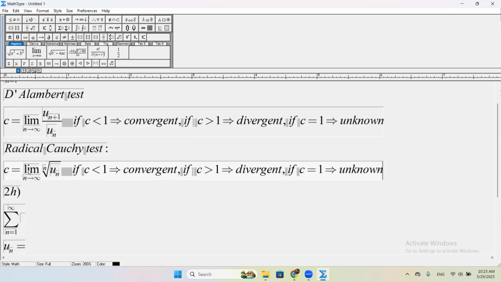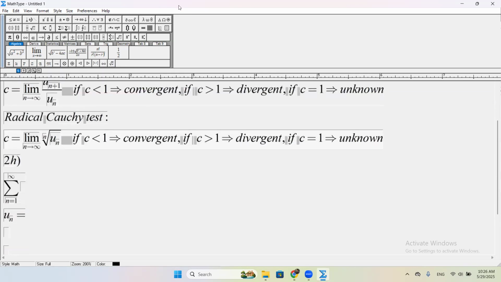So if this limit is less than 1, the series is convergent. If greater than 1, divergent. If it equals 1, we cannot say if it is convergent or divergent, so we will have to use other kinds of test.